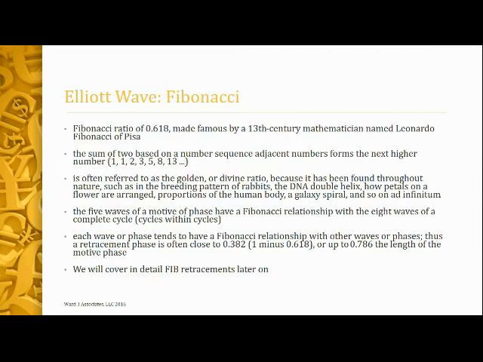Elliott Wave is tied in with Fibonacci by the ratios. We'll go deep into Fibonacci later, but here are some basics. The Fibonacci ratio of 0.618 was made famous by a 13th century mathematician named Leonardo Fibonacci of Pisa.